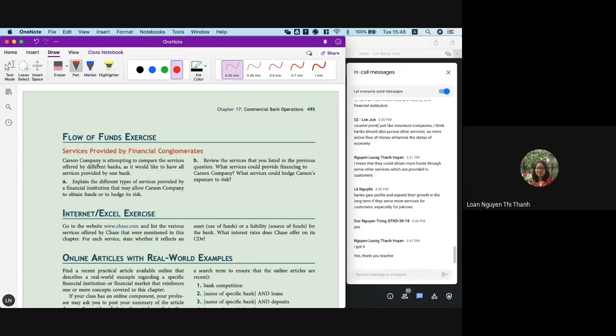So Cass & Company is attempting to compare the services offered by different banks. Others would like to have all services provided by one bank. Explain how the different types of services provided by a financial institution may allow Cass & Company to obtain funds or to hedge the risk.